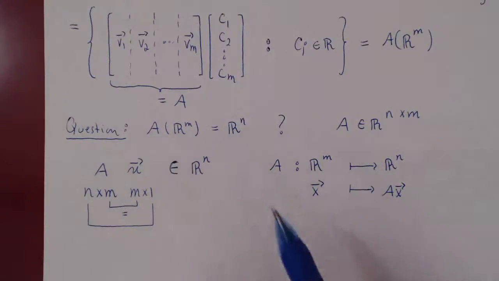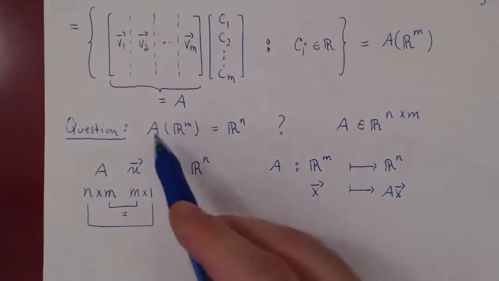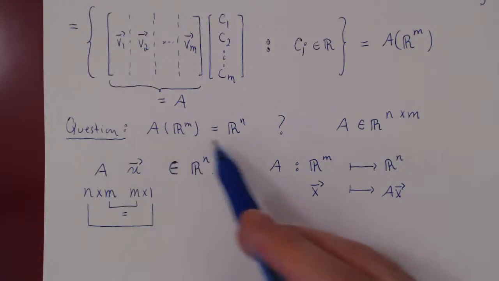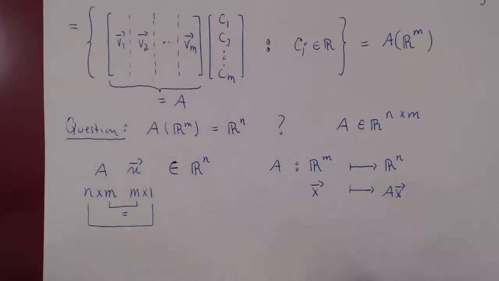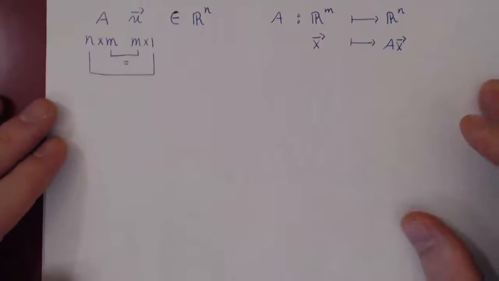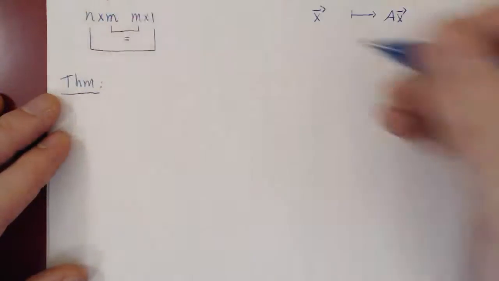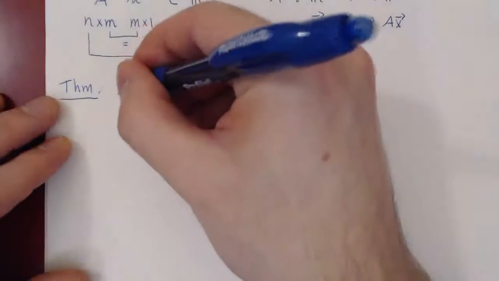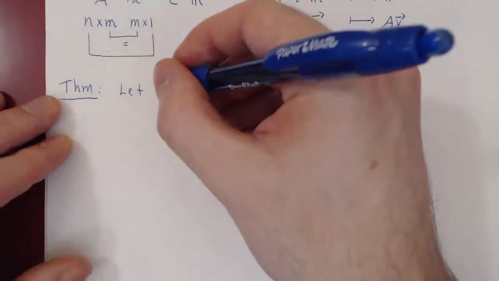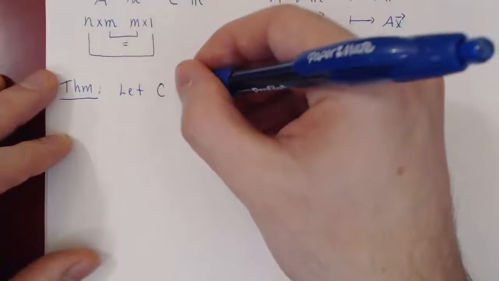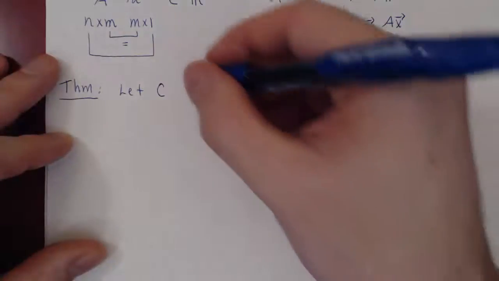Let's consider now one simple result. And with that one result and elementary matrices, we'll find a really simple criterion for when this is true or not. So here's a little theorem, and the proof will be really simple. We'll let the matrix, say, C, be an invertible n by n matrix.